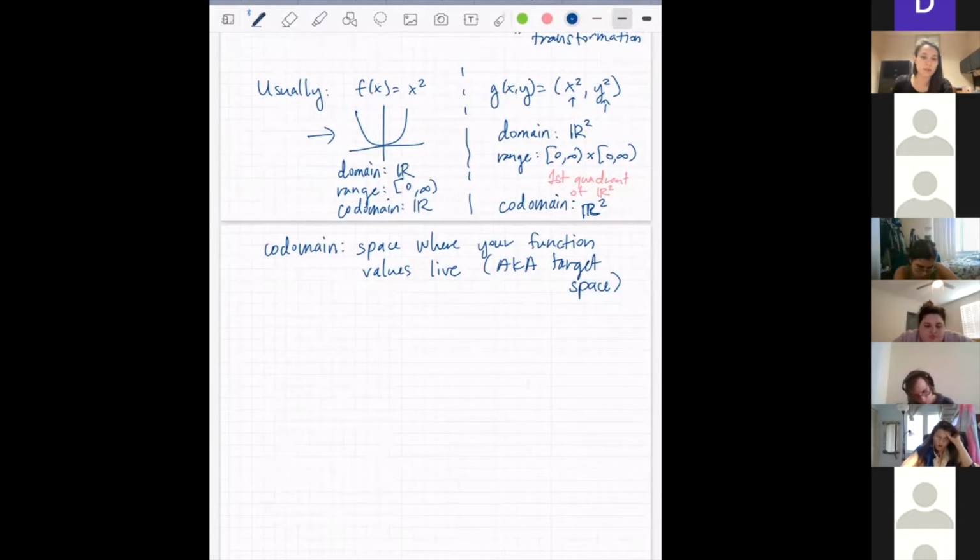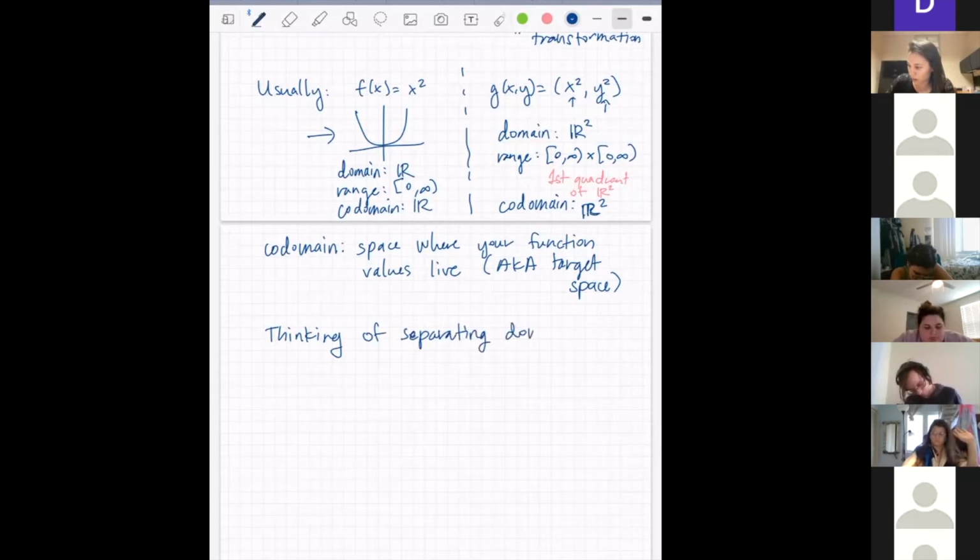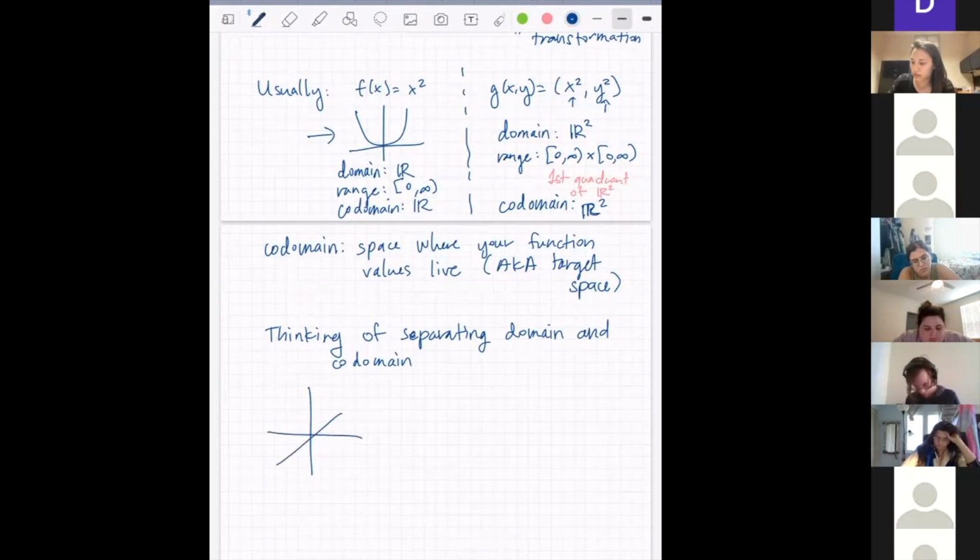All right, so now this view of functions: thinking of separating the domain and codomain. Say I have a function from Rn to Rm. I'll just draw them like this. They're both going to look like R3, but just imagine arbitrary dimension here.